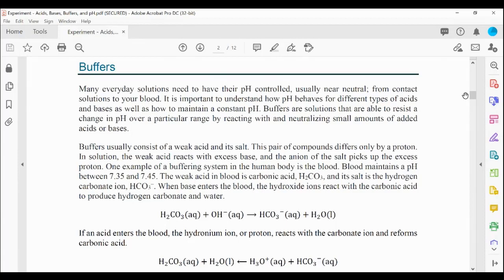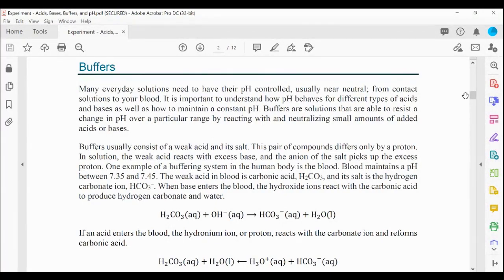So it's so important to maintain this pH nearly constant, and that's why our body uses buffers to resist those pH changes. What is a pH change?